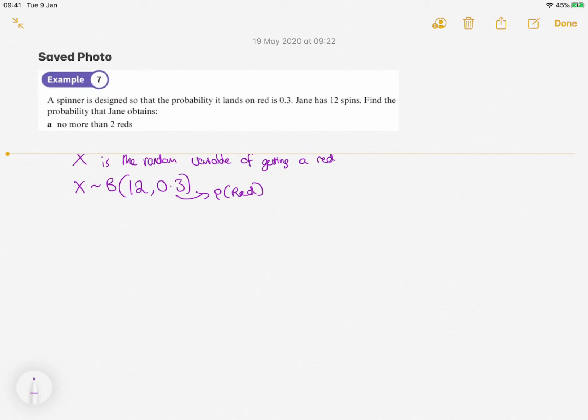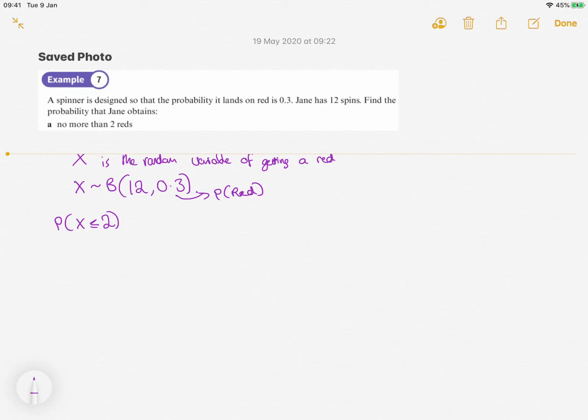No more than 2 reds is the same as saying the probability of 2 or fewer reds. So we want the probability that X, the number of times we get a red, is less than or equal to 2.